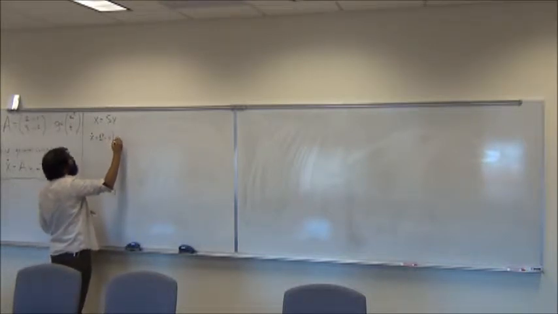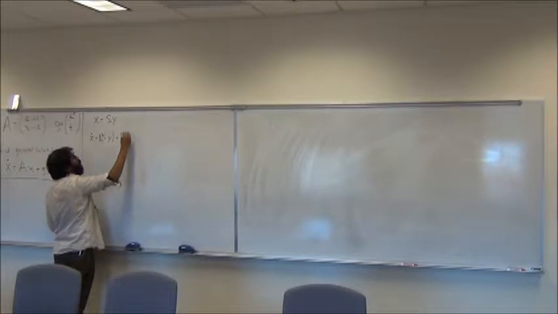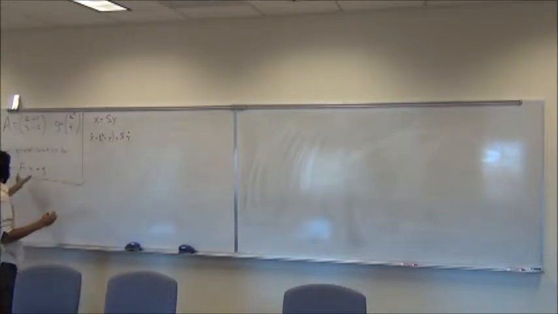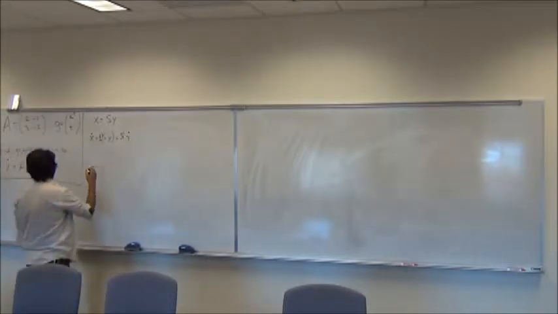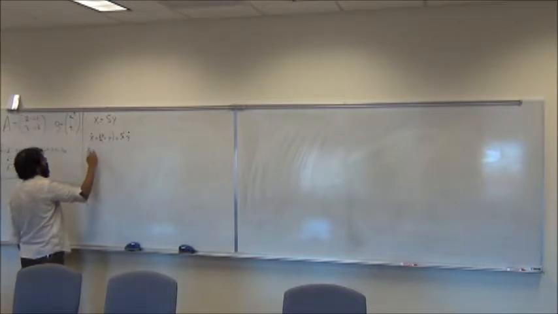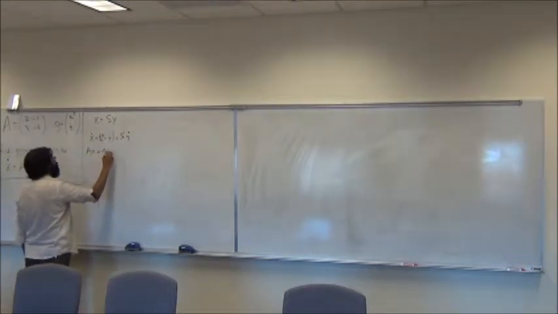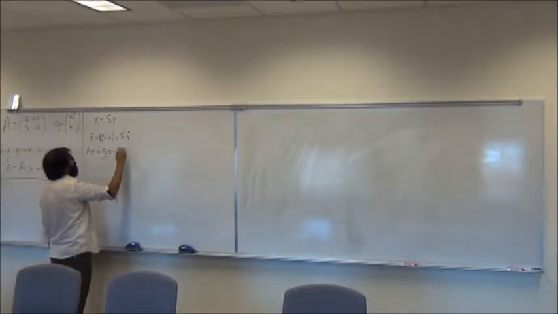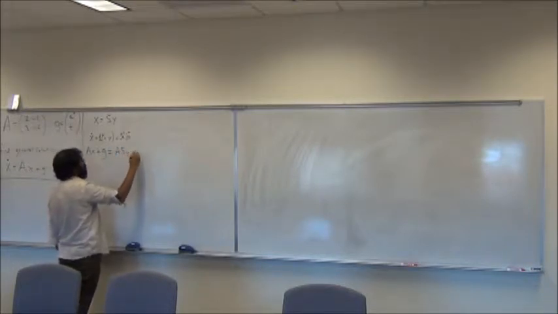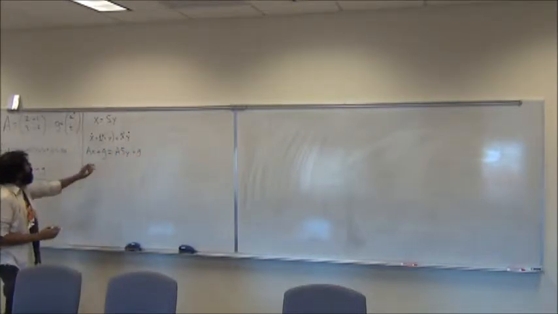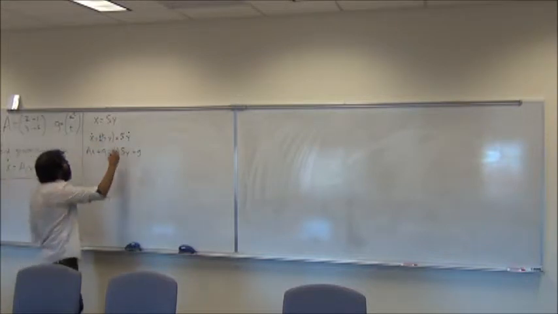It's not going to depend on time. And on the other side of this equation, we get Ax plus g equals A times Sy plus g. And this equation tells us that these two things are equal.